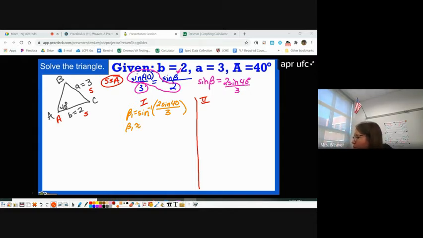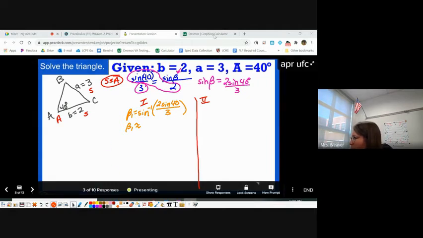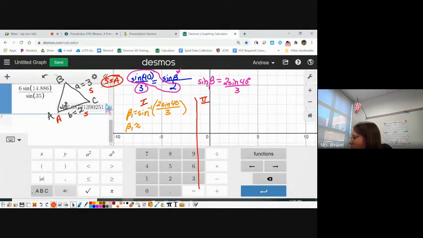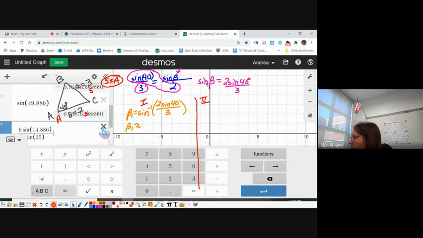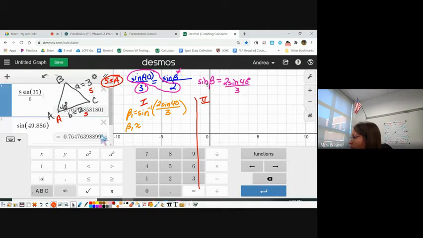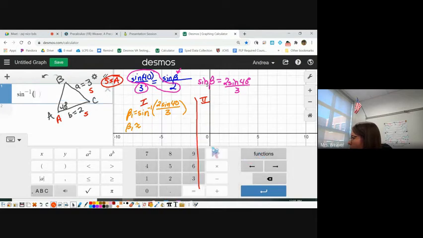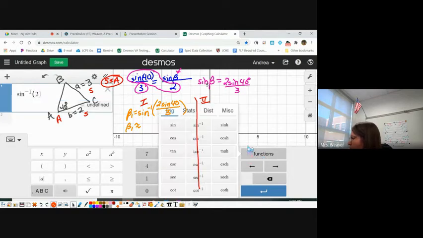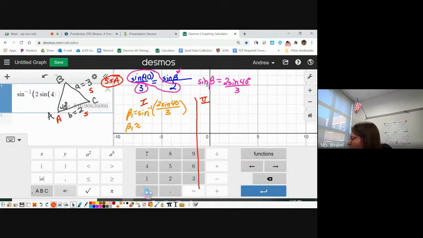Let's go to our calculators. Function, sine inverse, 2 sine 40, close the parentheses, divided by 3, scroll out of the fraction, and then close that big parentheses.